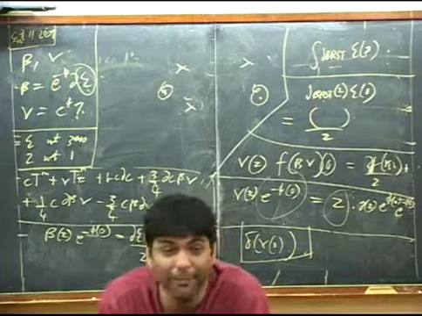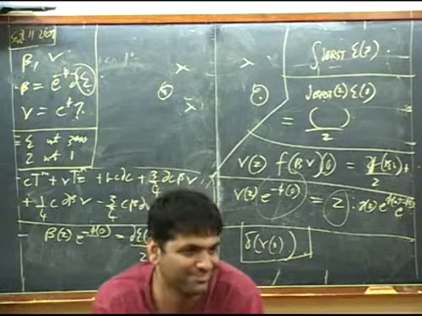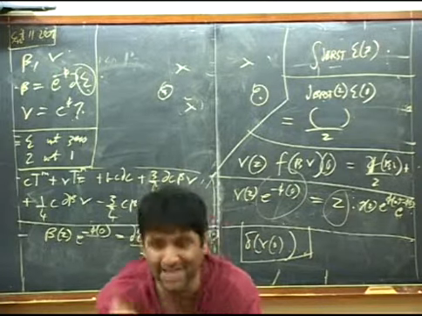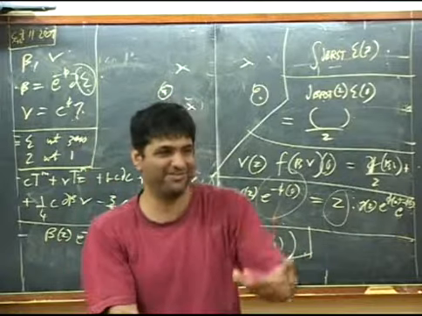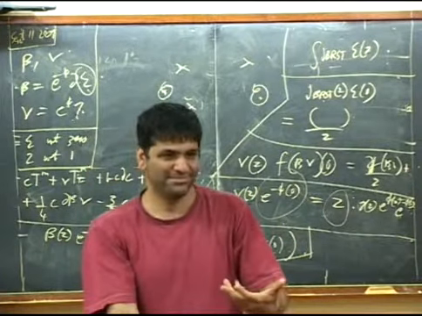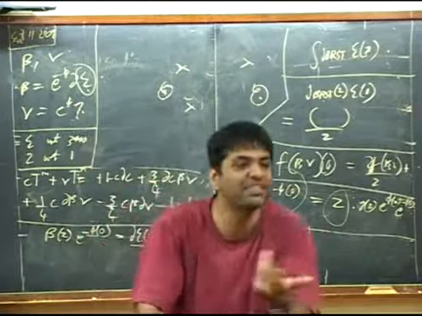Now, e to the power minus 2 phi gives you a higher order zero. You see, it gives you a square. So it sets even the first derivative to 0. So it's not obviously consistent.